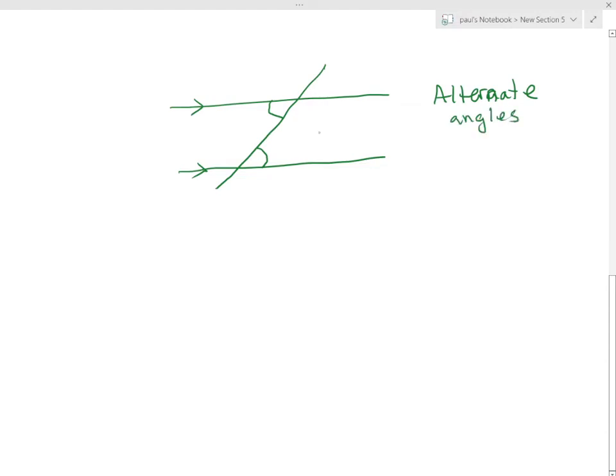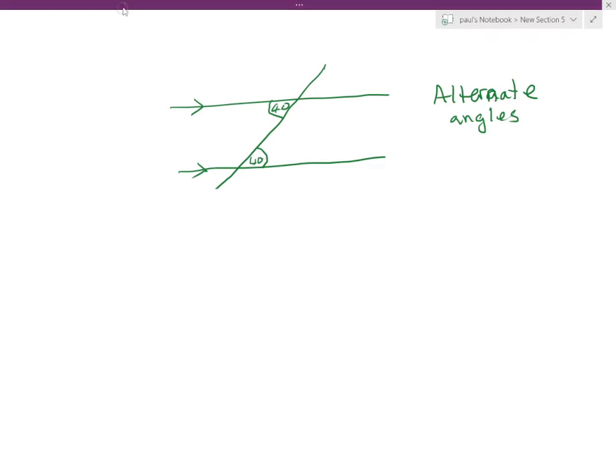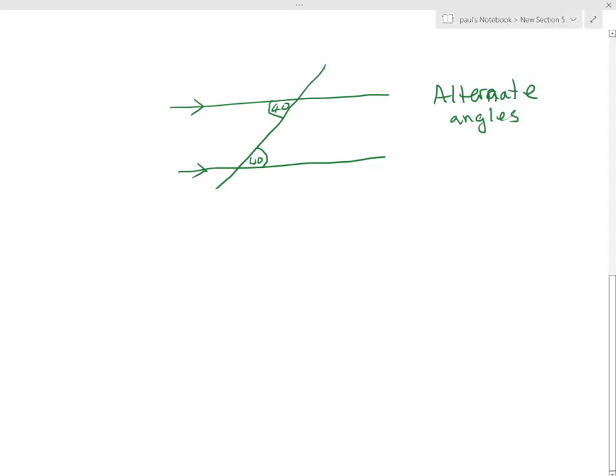And they're the same as each other, alternate angles. Now, we'll call this one 40 again. Now we know that this one is 40 because it's an alternate angle. But if we went the long way round, we could say that one is 40 because it's vertically opposite, and that one is 40 because it's corresponding to that one. So you can go that way or you can go straight down as alternate.